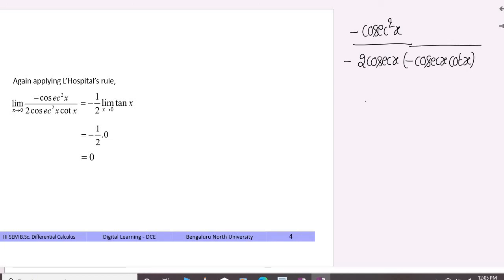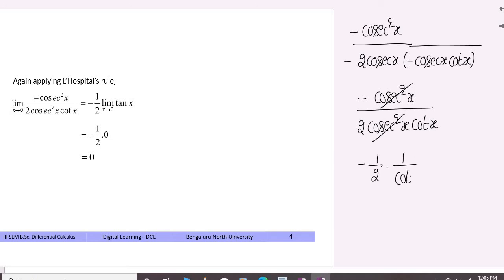So, finally, minus cosecant square x divided by minus into minus plus, cosecant into cosecant is cosecant square x cot x. Now cosecant square x cancel, minus 1 by 2 into 1 by cot x. But 1 by cot x is tan x.